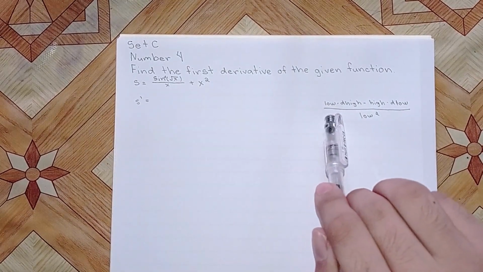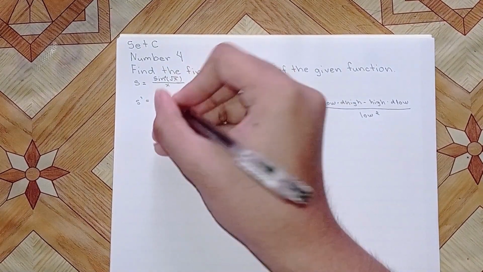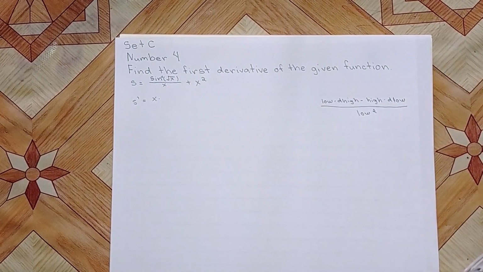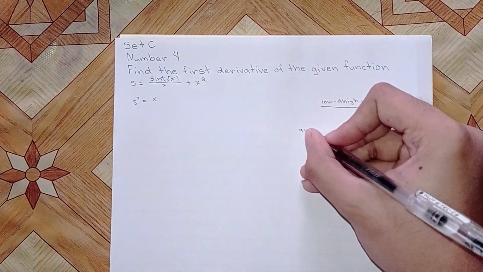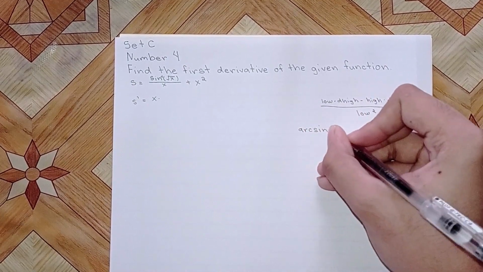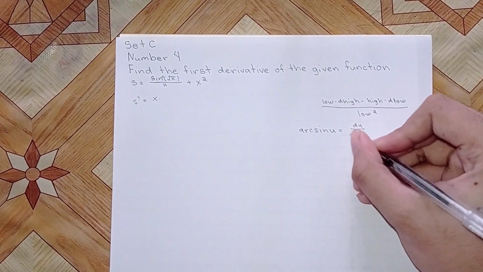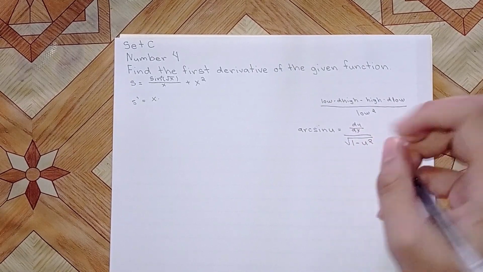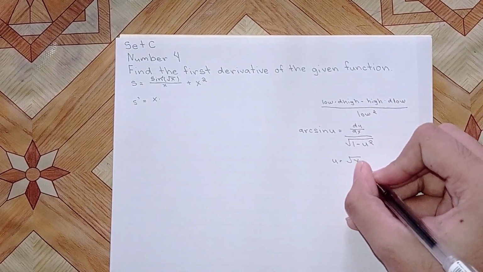So according to this rule, we're just going to copy the low, which is x, times the derivative of high. So in terms of finding the derivative of arc sine, we know that the derivative of arc sine u is equal to the derivative of u all over square root of 1 minus u squared, and in our case, our u is equal to square root of x.